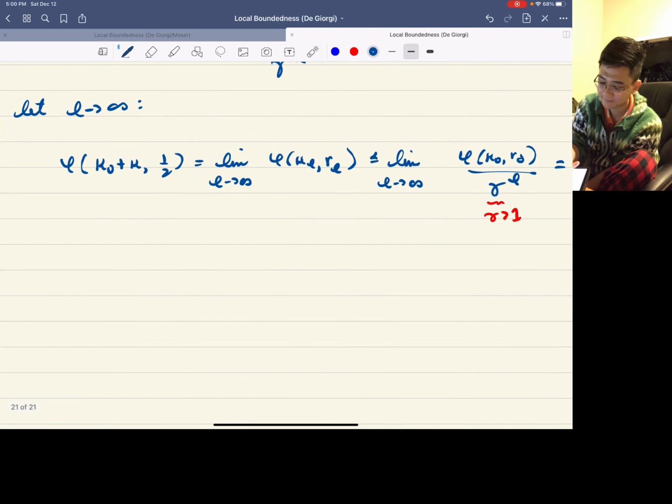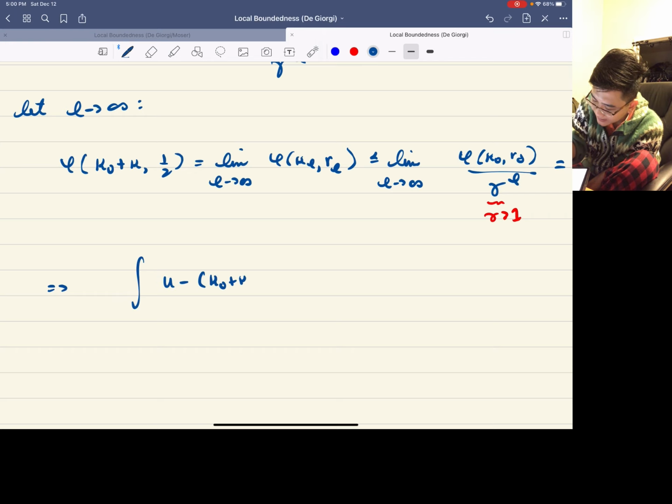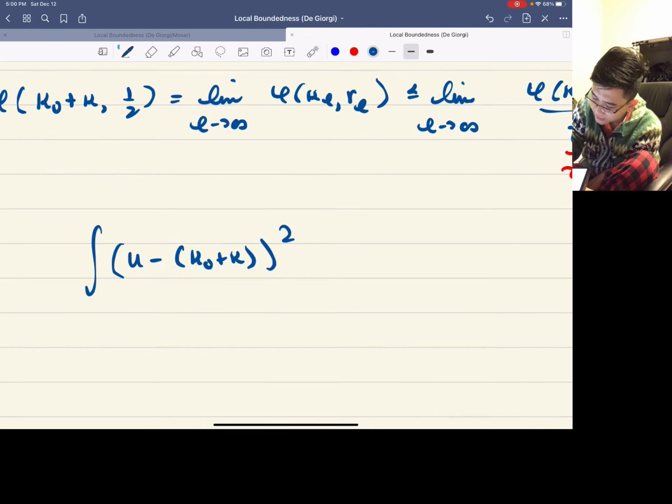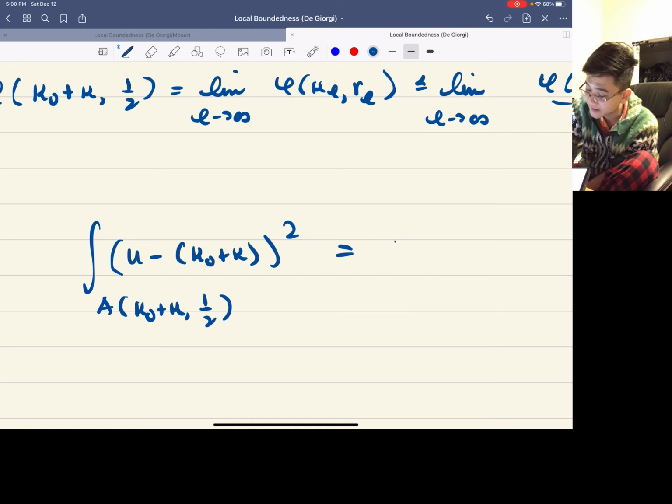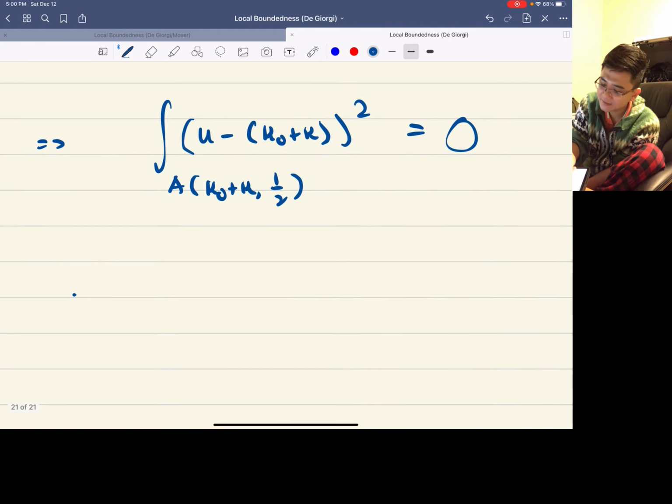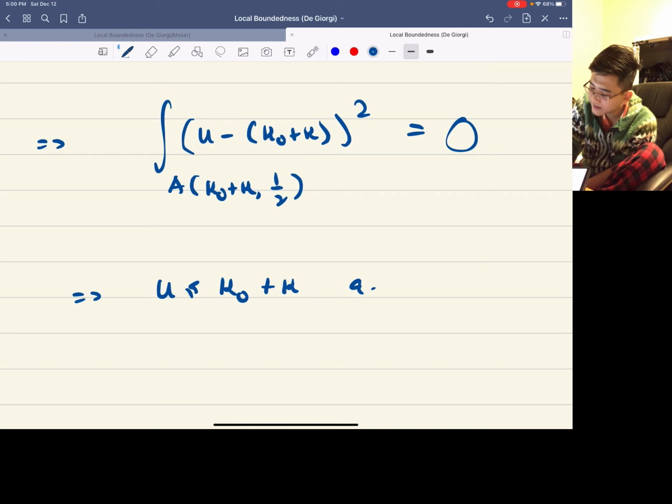So what is that saying? This is telling us that the integral of u minus K0 plus K squared over A of K0 plus K 1/2 is 0. So this tells you that u is less than or equal to K0 plus K almost everywhere in B 1/2.